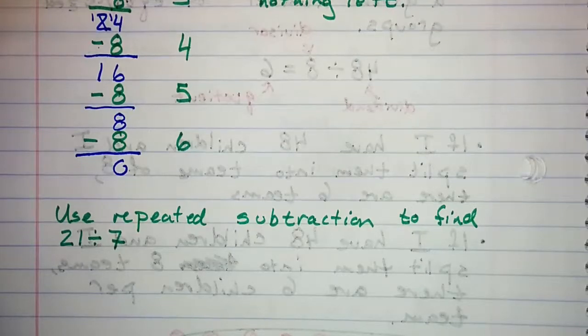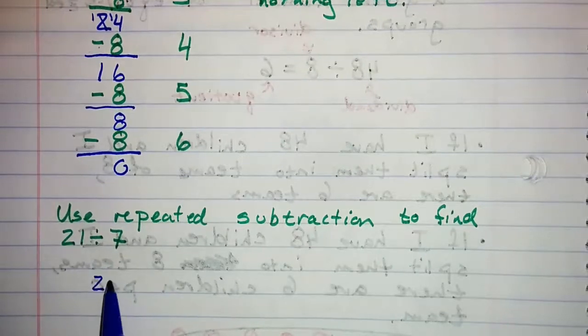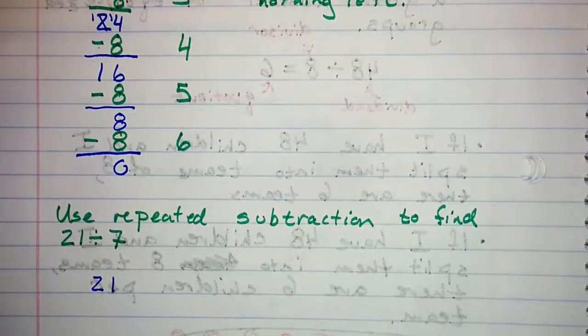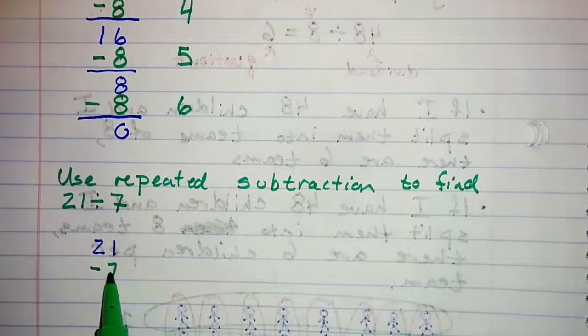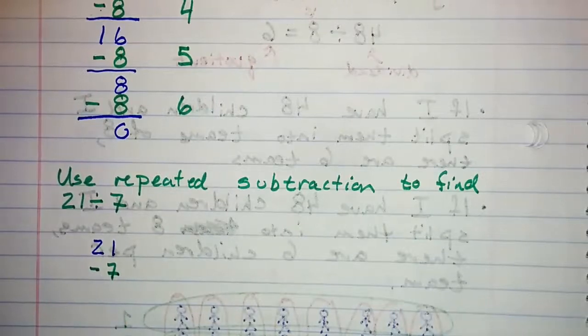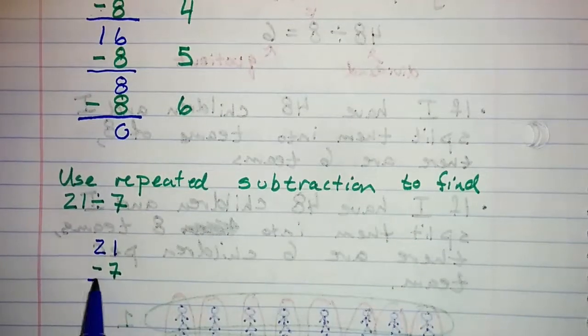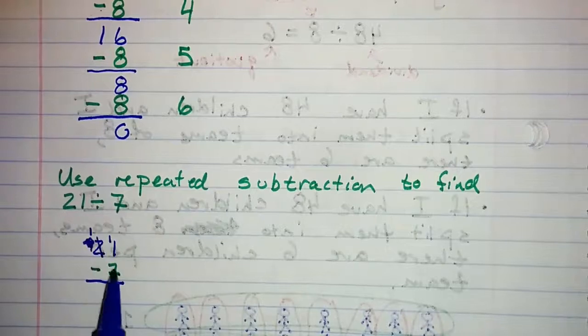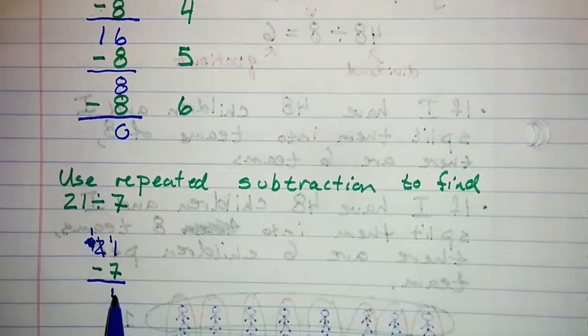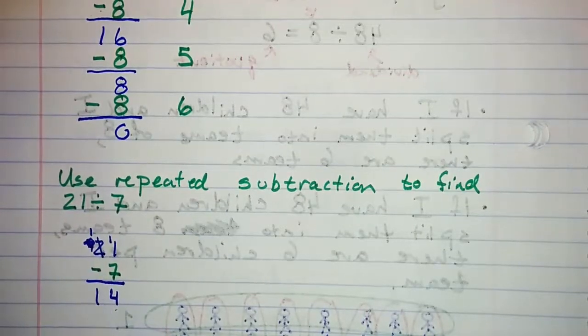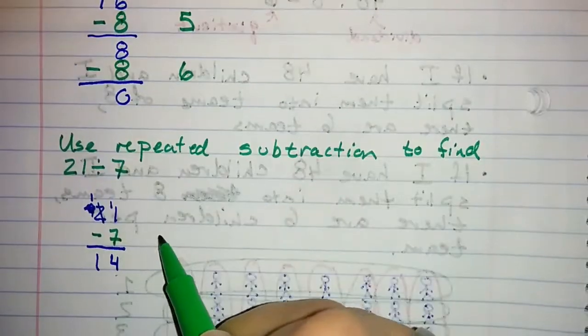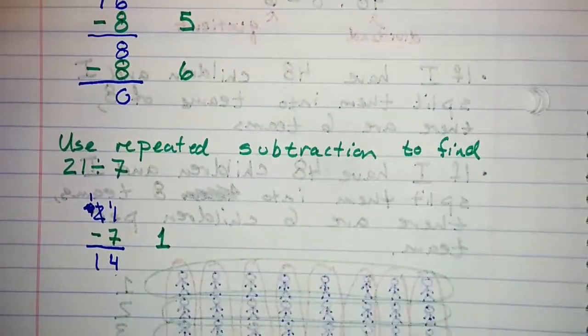Okay, so I start with 21 things. I take away 7 of them to form my first group of 7. What do I have left? 11 minus 7 is 4. 1 minus nothing is 1. So that was one group of 7.